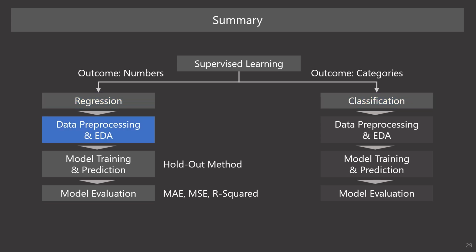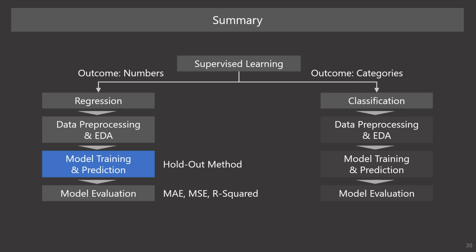In predictive analytics, we should implement data preprocessing and EDA before implementing modeling. In supervised learning, we can use the holdout method for model training. Specifically, we split a dataset into a training set and a test set, and train the model using the training dataset.